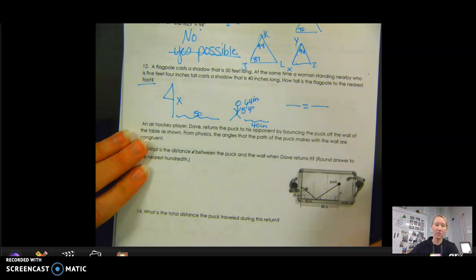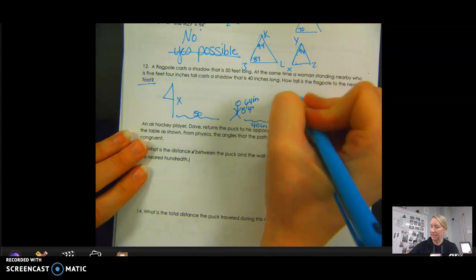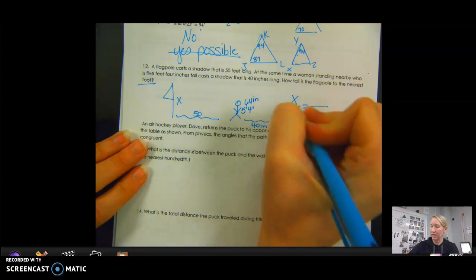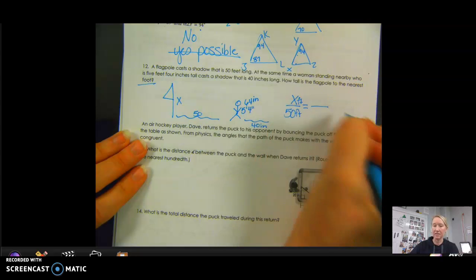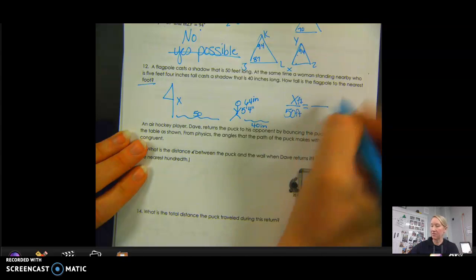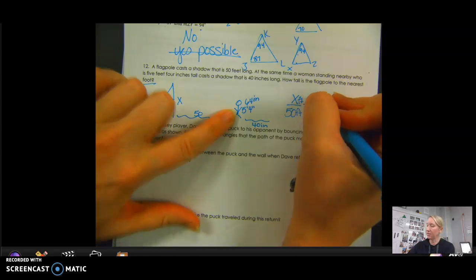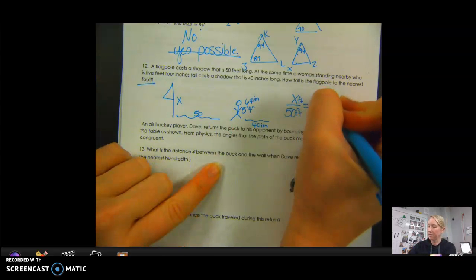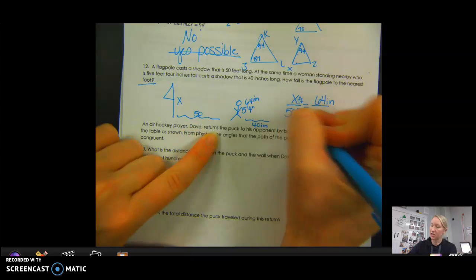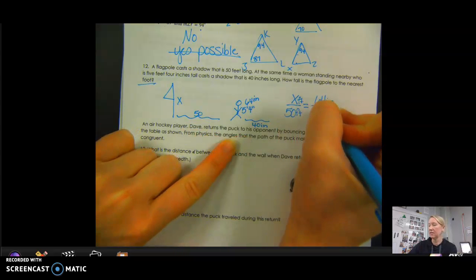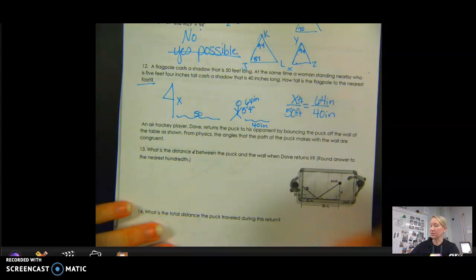We want to know how tall the flagpole is, so the flagpole is x over 50. We can leave this as feet, and it'll give us feet here, as long as these two have the same units. So x is the height of the flagpole. That matches up with the height of the human. 50 is the length of the shadow, which matches up with the length of the shadow here. So now I'm going to cross multiply.